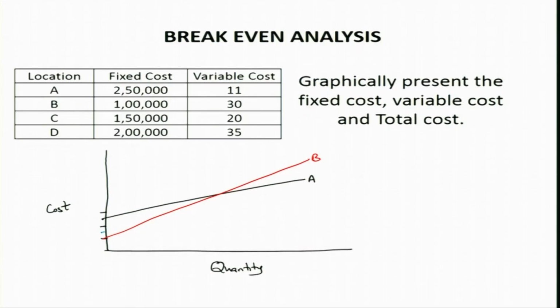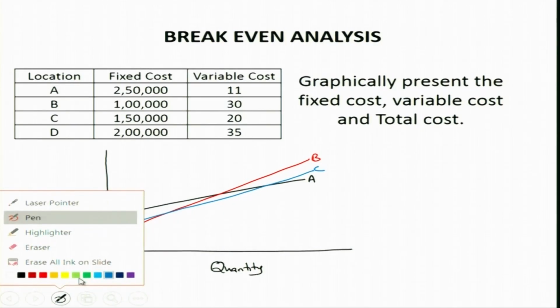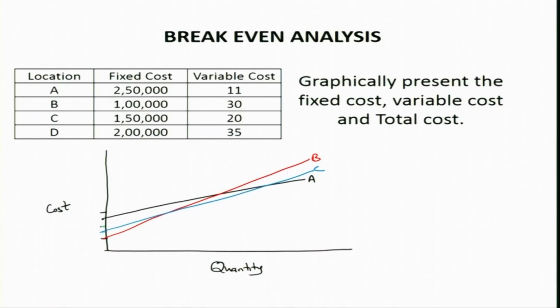So, slope should be slightly lesser than this. So, it will go like this. Okay. And then this is my C, and let us see the D. D, the fixed cost is 2 lakh and variable cost is 35. So, let us change the color also, select green. So, D will go like this.